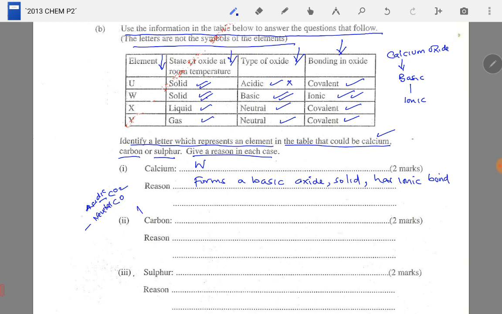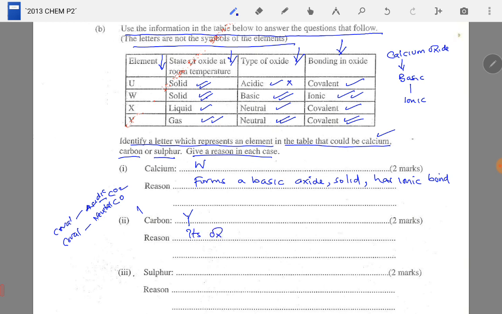And then the bond type, this is covalent. So we have two options. If it is carbon 4 oxide, we'll follow through. It is also gas, so gas, we have only gas, neutral, so carbon 2 oxide, covalent. So the answer here is Y.